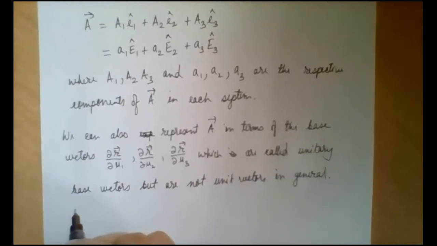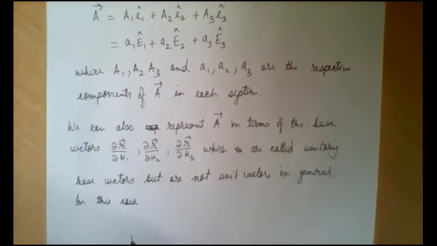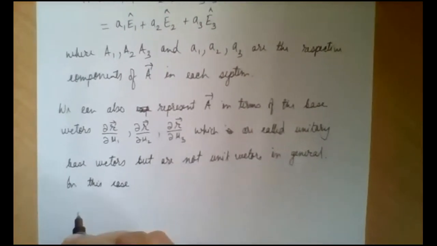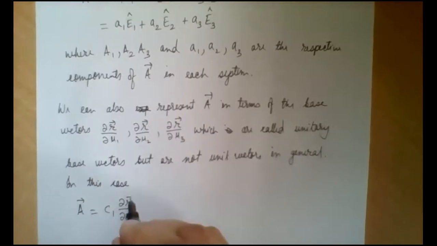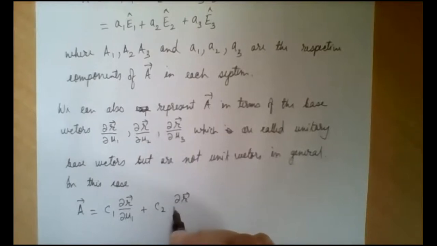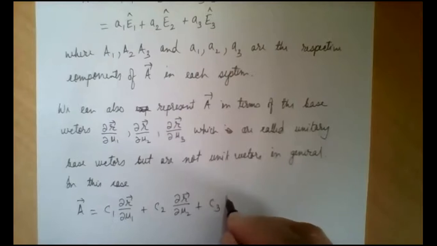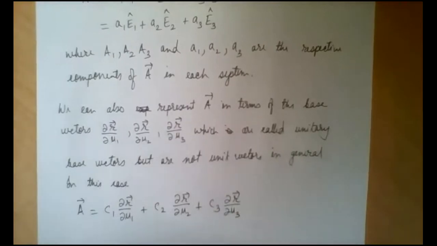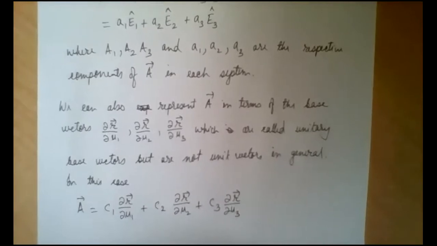In this case, capital A vector is equal to capital C1 del r by del u1 plus capital C2 del r by del u2 plus capital C3 del r by del u3.